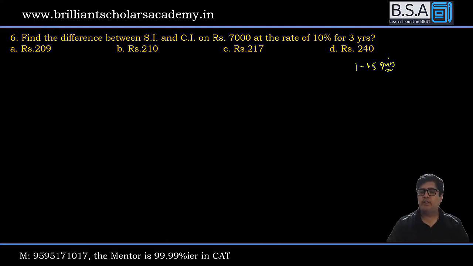The question is, can you find the difference between CI and SI for 3 years at 7,000 at 10%? So let me give you multiple ways to do this. These are very, very simple numbers. What you could do is, simple interest never changes.